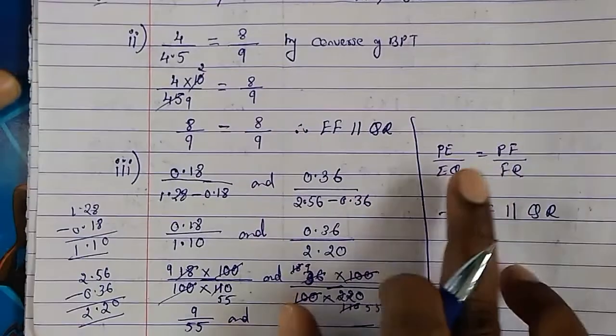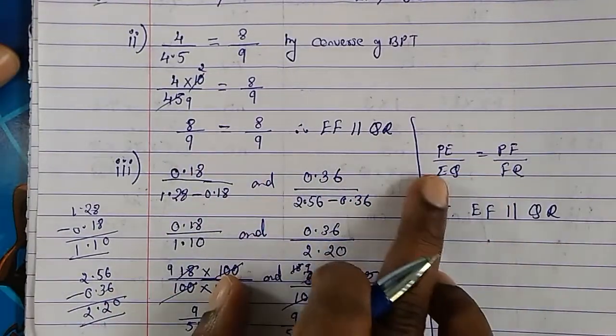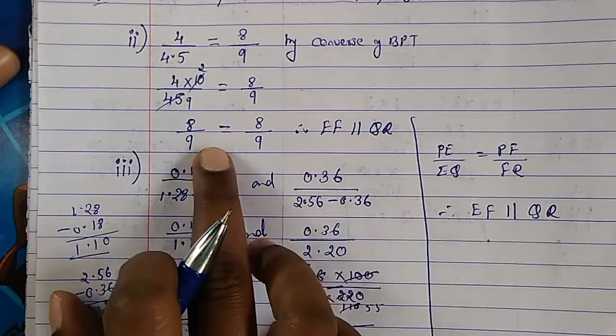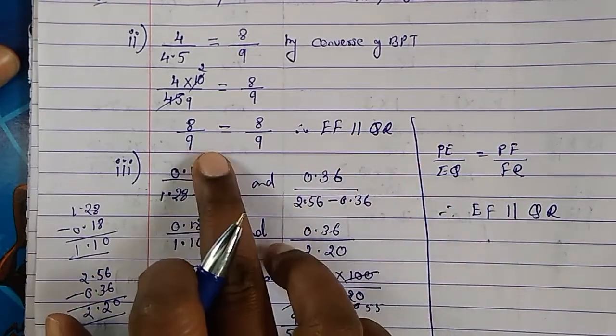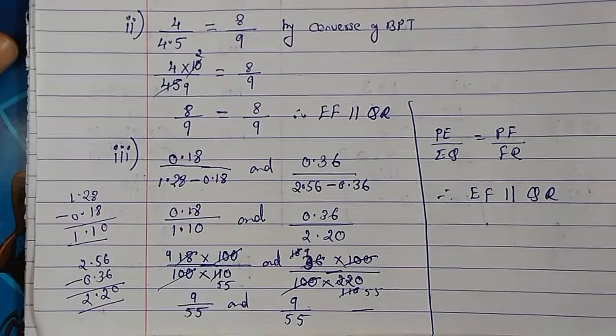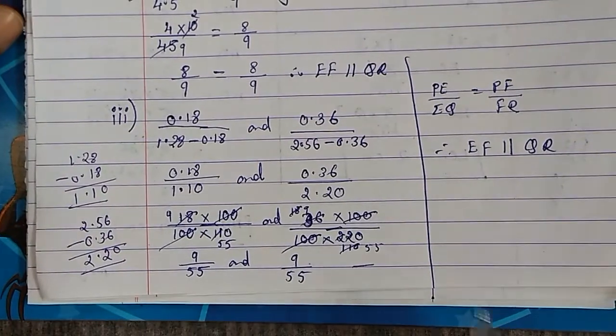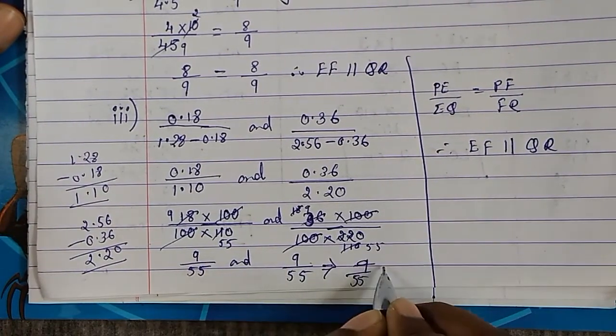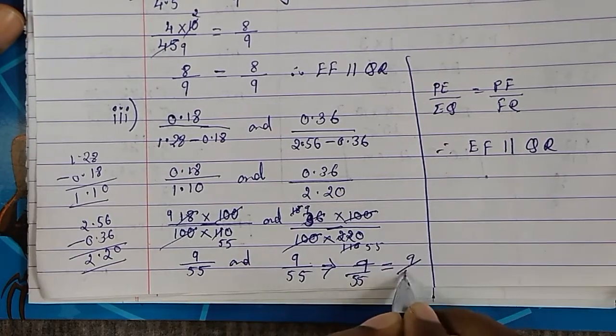Same way you can write this here also, you can add that PE upon EQ is equal to PF upon FR. Therefore, since the ratios are equal, therefore these lines are parallel. So you can write that way also. So you can write here one more, that is 9 upon 55 is equal.